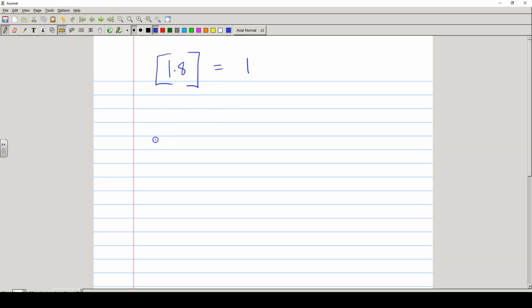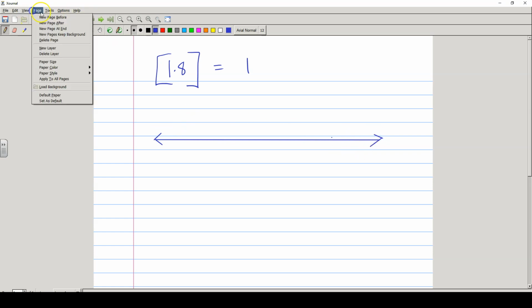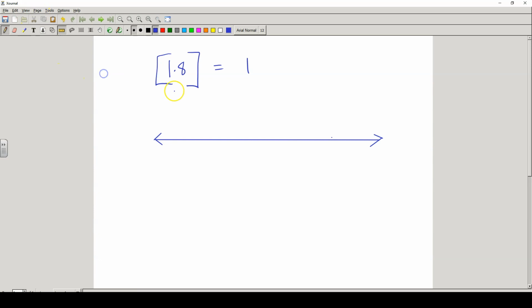So when you do these problems, just think of the number line, and you're simply going to the left here. So let's just put this on here: 0, 1, 2, -1, -2. So if I were to tell you the greatest integer function of 1.8, which is right here, you're always just going to go back to the left and round down to 1, no matter what it is.